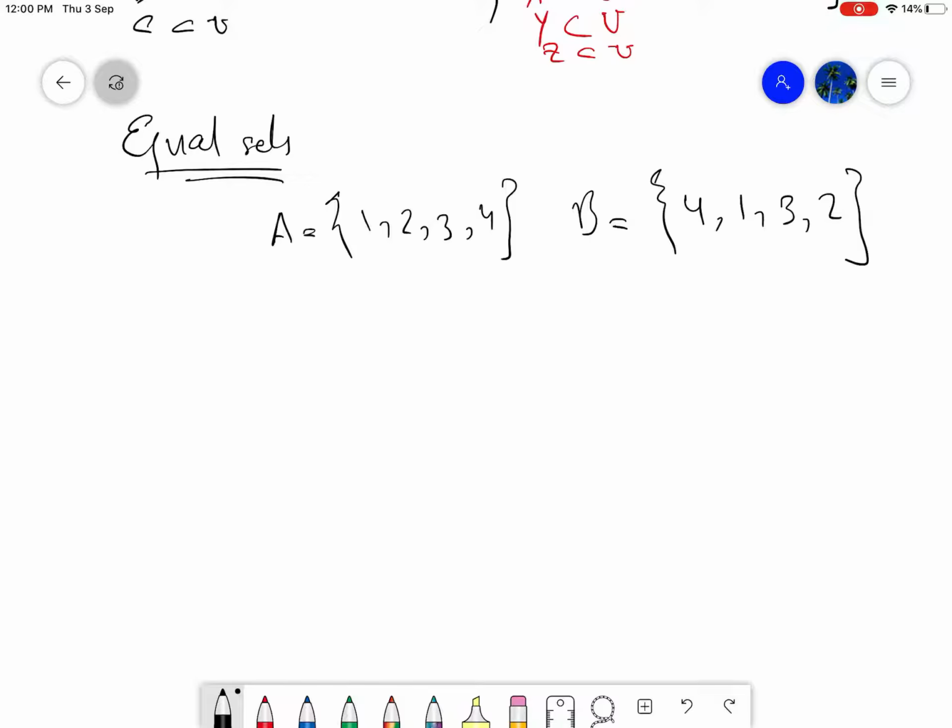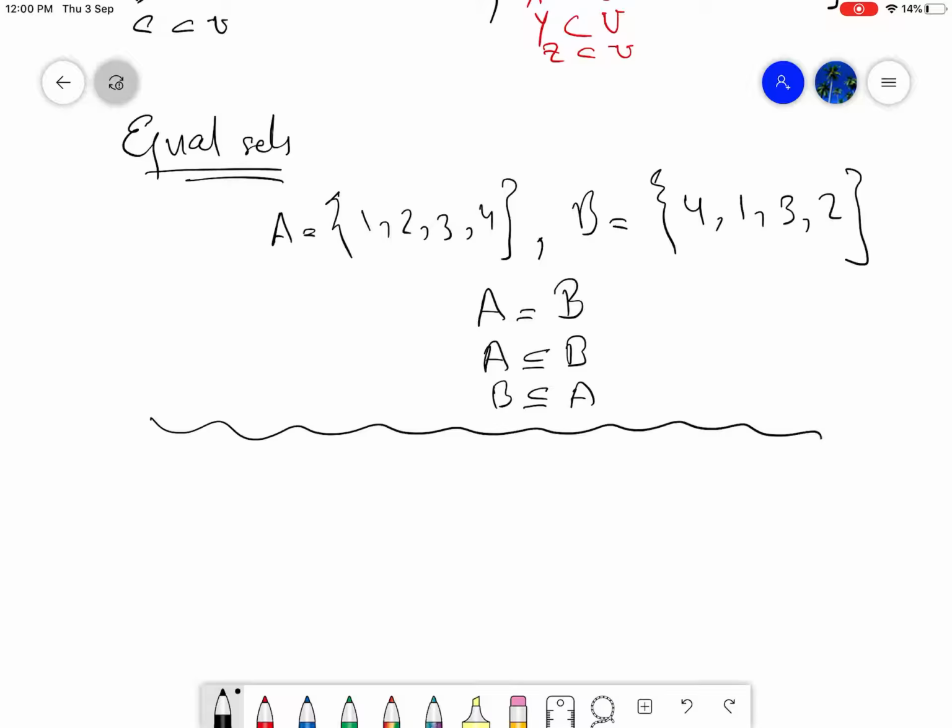Basically you can see that both of these sets have the same elements, even though the order of elements in set B is different. So it doesn't matter if the order is different, but if the elements are exactly the same in any order, then the sets are equal. And in that case, you can also say that A is a subset of B and B is a subset of A. This is a small definition about equal sets.